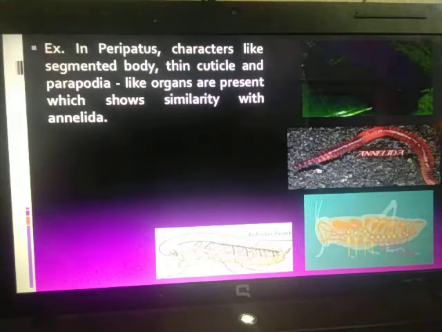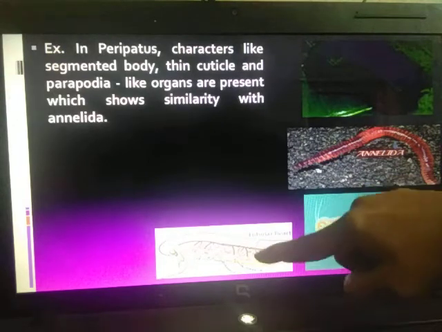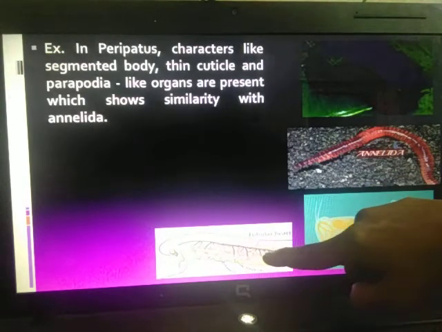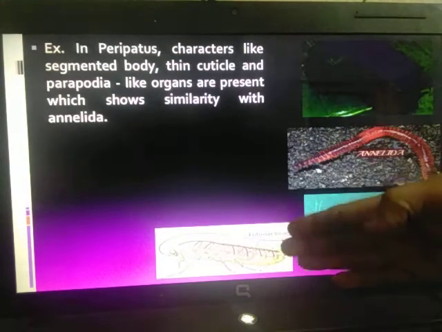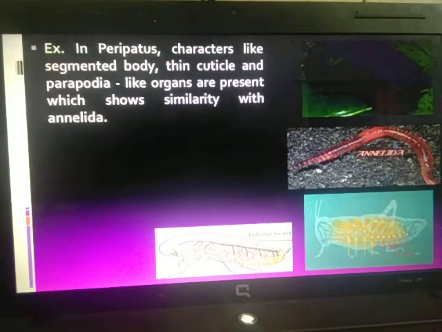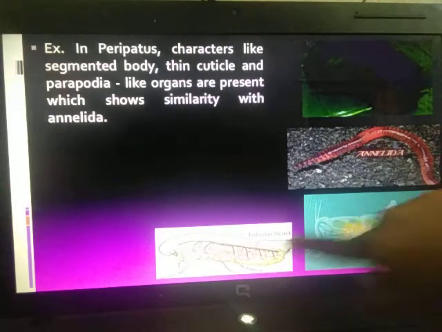I am not going to detail right now about it. So what is happening here? Here it is opening into the digestive tract. Now since it is opening to the digestive tract, this type of circulatory system is also called as open circulatory system. So peripatus is showing both tracheal respiration as well as open circulatory system like that of the arthropods.